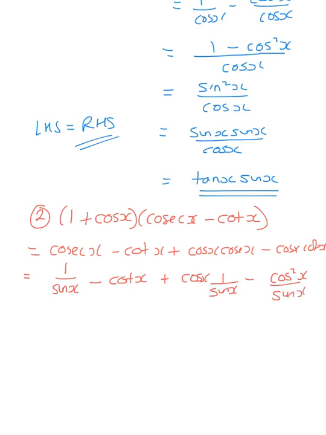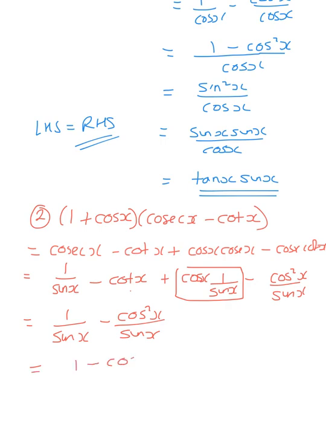Here I can see that this part is cos x over sine x, which is cot x, and minus cot x plus cot x cancel each other out. So what we are left with is 1 over sine x minus cos squared x over sine x. This will give me 1 minus cos squared x over sine x. 1 minus cos squared x is sine squared x over sine x, and cancelling down will leave me with sine x.